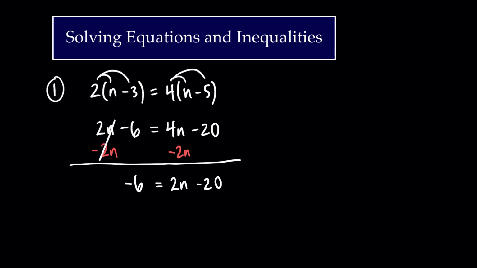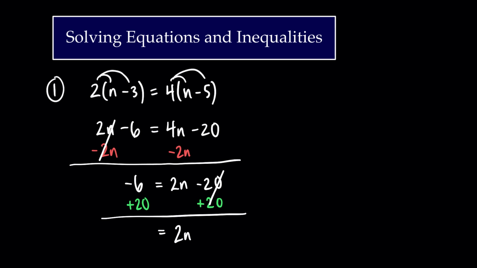So now we've got negative 6 is equal to 2n minus 20. I'm going to add 20 to both sides because the goal here is to get the n all by itself. So negative 20 plus 20 is basically 0.